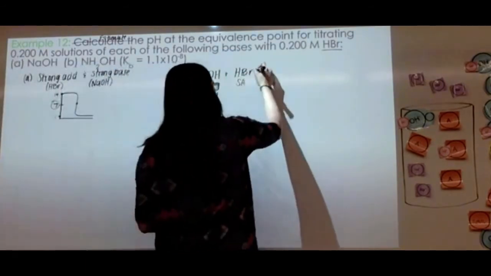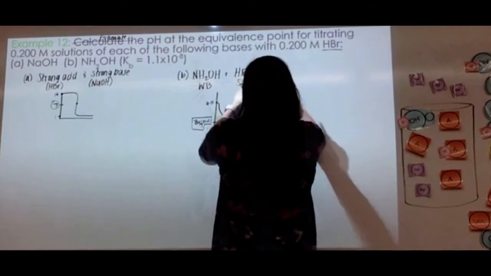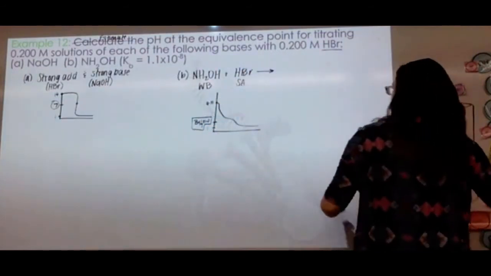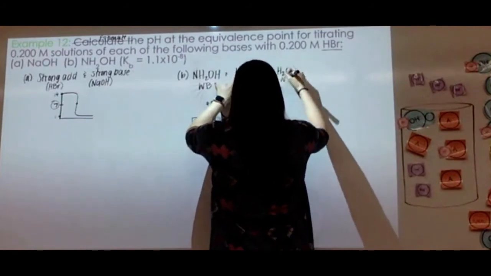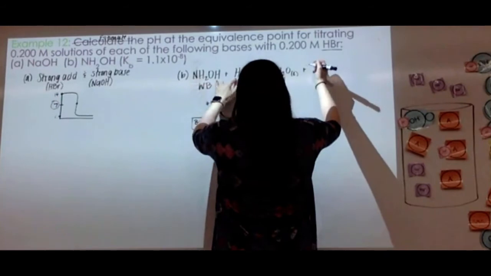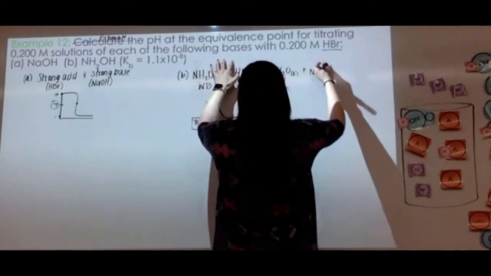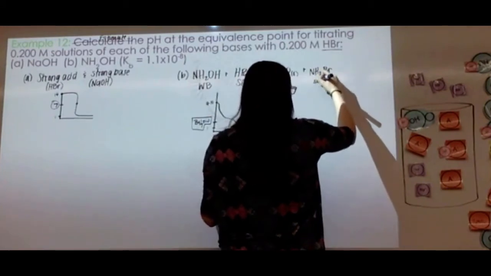Here's why. We look at the neutralization reaction here. Neutralization is just a double replacement reaction. So we have H2O, which is neutral because water is neutral. So H and OH combine, which leaves us with NH2Br. Here's our salt.